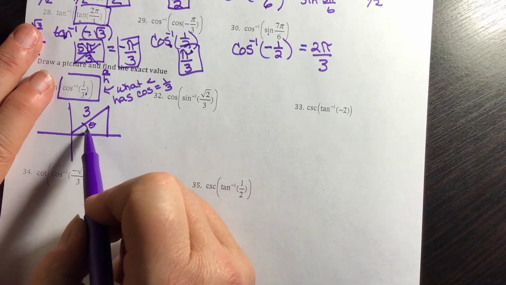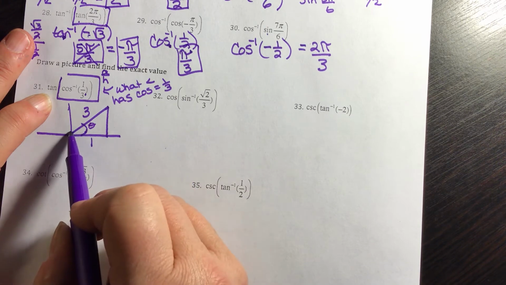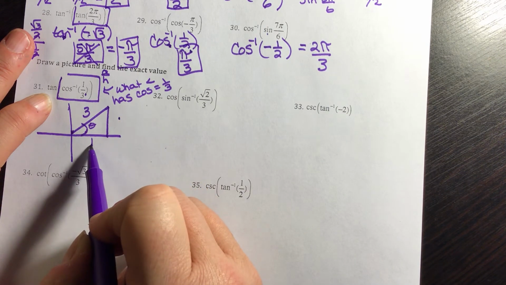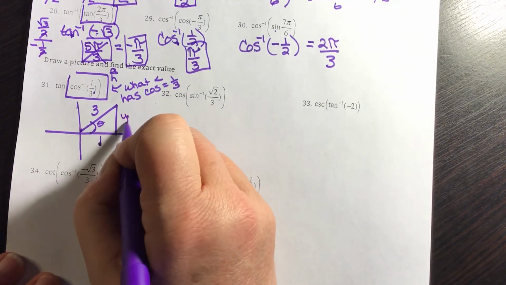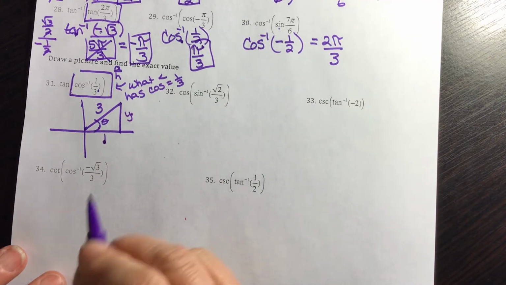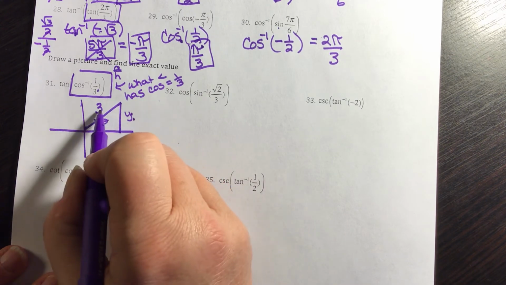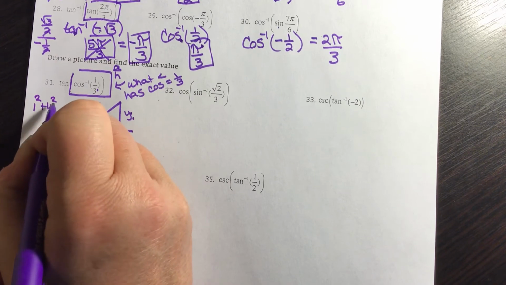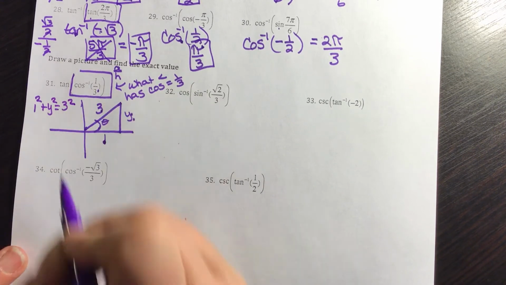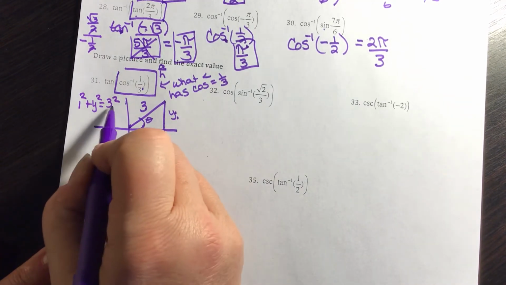Now, this angle we're finding the tangent of. So now I need opposite and adjacent. I can find this value, which is the y value, by saying x squared plus y squared equals 3 squared. So 1 squared plus y squared equals 3 squared. So this is 9.